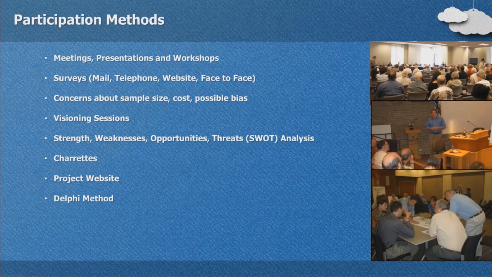Know what a vision workshop is, a SWOT analysis, a charrette, websites. This might be an exam question: there's something called the Delphi method. It was created by the RAND Corporation, I think in the 70s, during the Cold War, as they sort of tried to figure out what Soviet missiles would target in the United States.